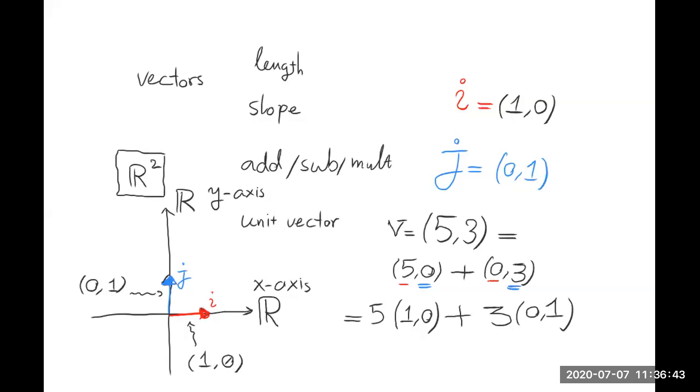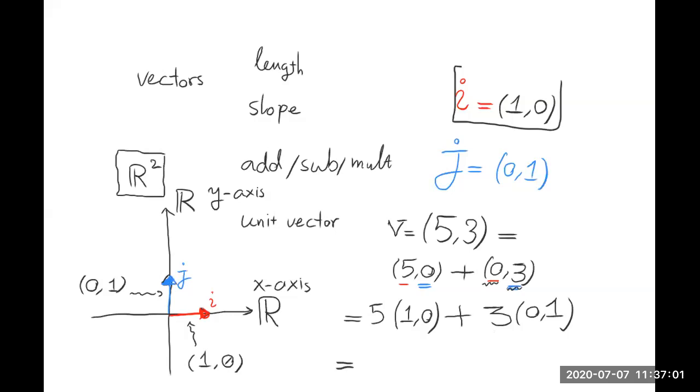Again, for the same reason. If I multiply 3 by 0, I would get 0. If I multiply 3 by 1, I would get 3. Therefore, 0 and 3 is equal to 3 times 0 and 1. Now, look at this.